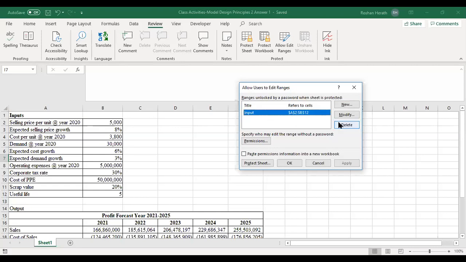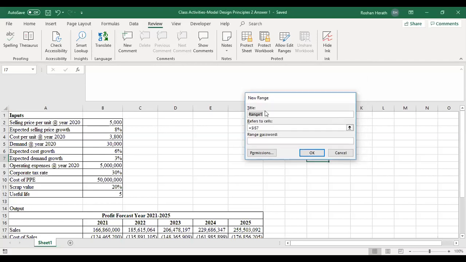Here by default we have something, which I would have got earlier. So I delete that and this would be the window that comes. Then I can specify the area that I'm going to allow the user to edit. I can click on New, and there you can even give a name if needed.